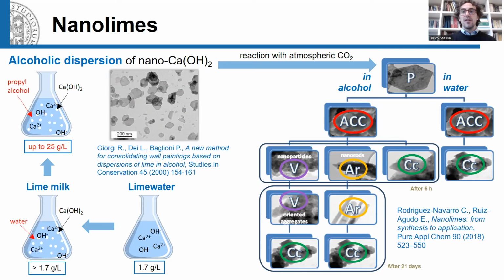So here the idea is that you apply the nanodispersion onto your substrate, and then the nanoparticles react with atmospheric CO2 with time, thus finally forming calcium carbonate. Thanks to the high concentration that can be reached using alcohol for the dispersion, in this way it's possible to obtain a higher effectiveness compared to the use of the traditional lime milk or lime water.